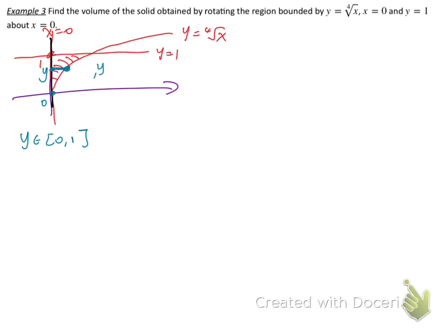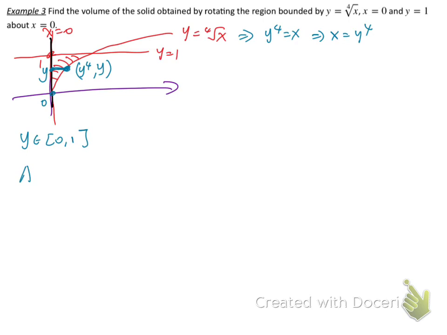Y, what's x? Well, actually I solved it and I erased it. This point is on y equals the fourth root of x, and that means y to the fourth power equals x, on this curve, in particular this point.